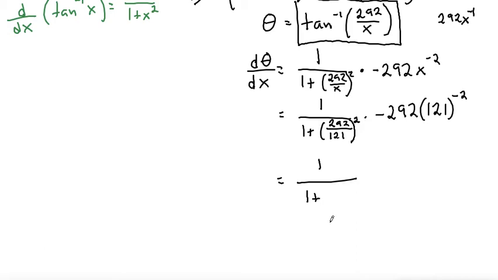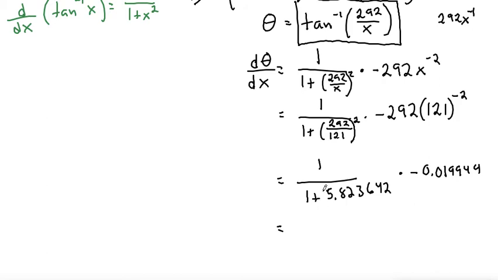And then if we square that, we get 5.823646, etc. Times, here we have 292, and we're multiplying it by 121 to the power of negative 2, which is negative 0.019944.